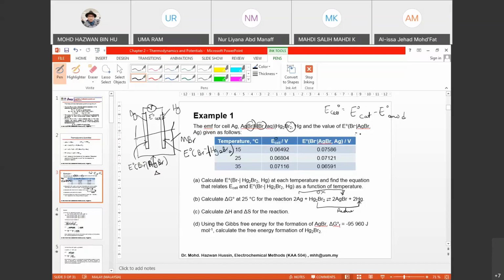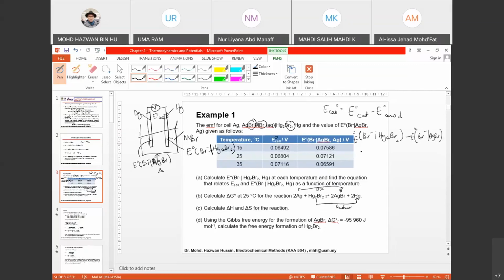So meaning that over here, you will get E naught cell by considering E naught of cathode, which in this case is Br minus, Hg2Br2, minus E naught Br minus, AgBr. Is it okay? You guys can follow?